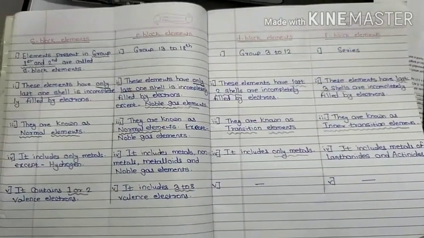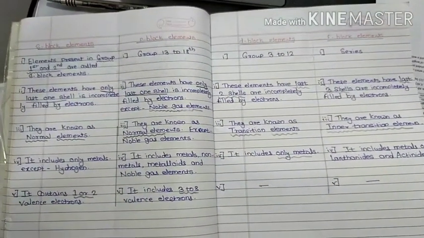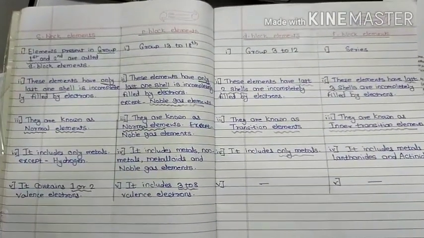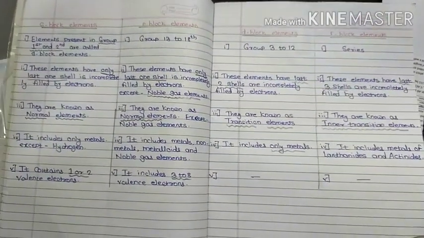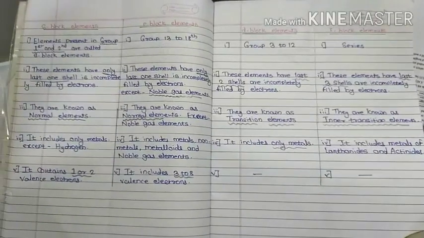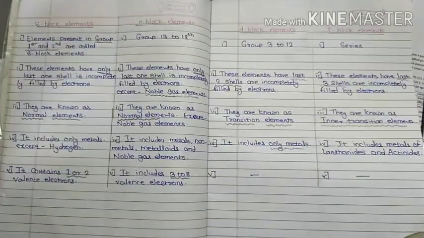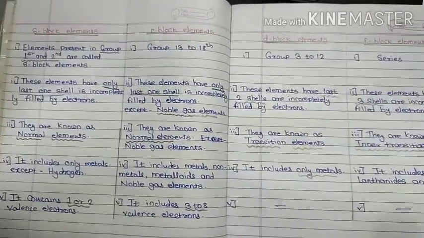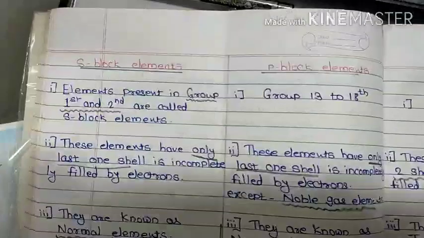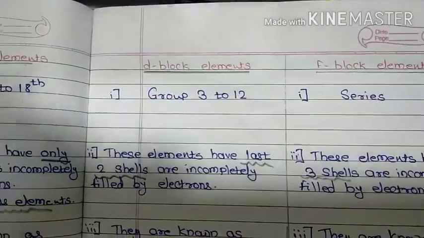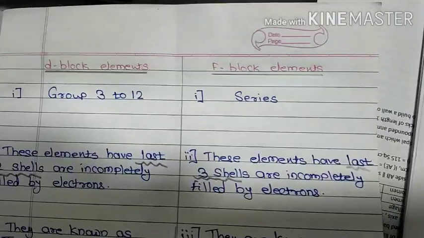Hi. Last lecture we completed salient features of the modern periodic table. Our last point was based on blocks: the modern periodic table is classified as S block element, P block element, D block element and F block element.